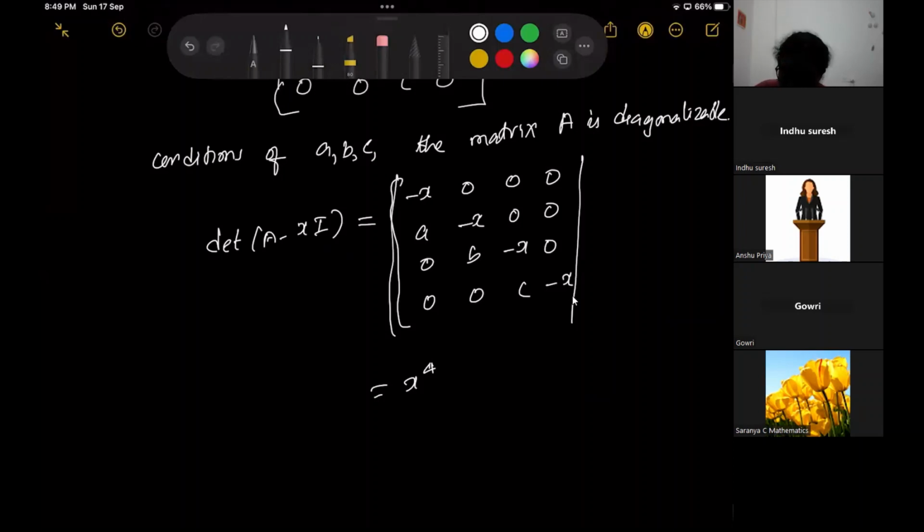So this is x power 4 equal to 0. We equate this x power 4 to 0 to obtain the eigenvalues. So we got only one eigenvalue for this matrix, and it is 0.